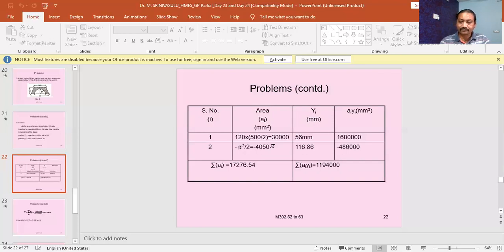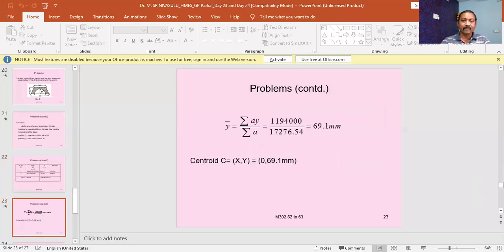Now we know the formula: y bar is equal to sigma a y by sigma a. By substituting the values, y bar comes to 69.1 millimeters.